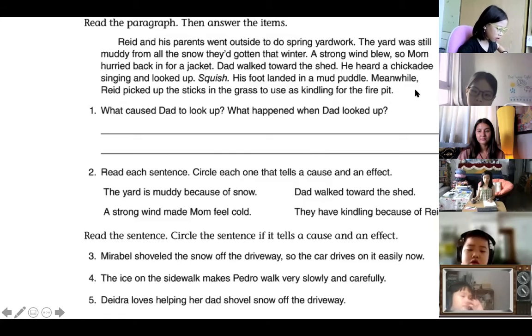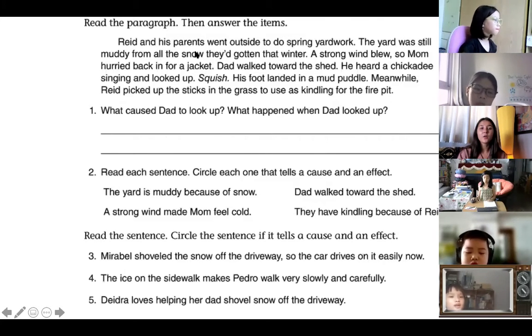He heard a chickadee singing and looked up. Squish! His foot landed in a mud puddle. Meanwhile, Reed was picking up the sticks in the grass to use as kindling for the fire pit.